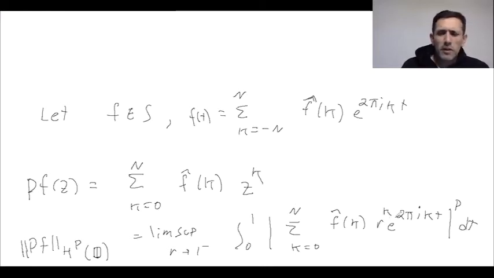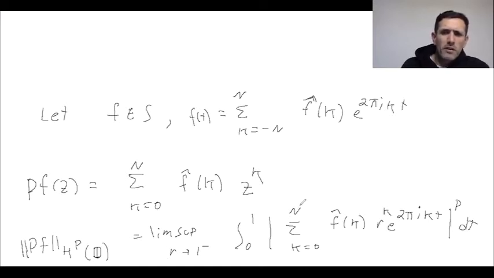The absolute value of the Fourier coefficients is certainly bounded, because f is in LP, so it's certainly in L1 on 0 to 1. So at most, the bound is n plus 1 times the L1 norm, or rather the LP norm of f.